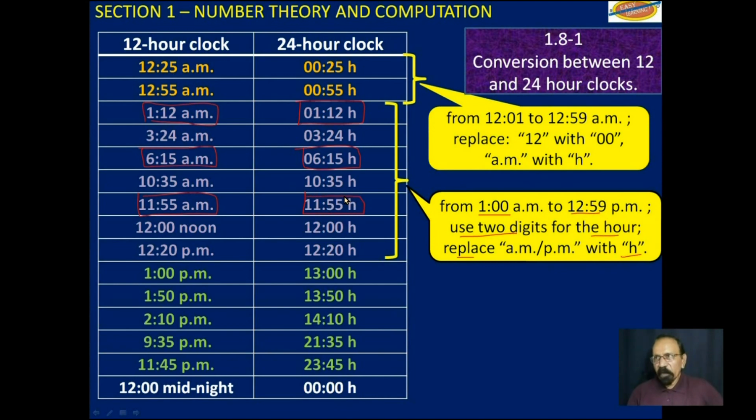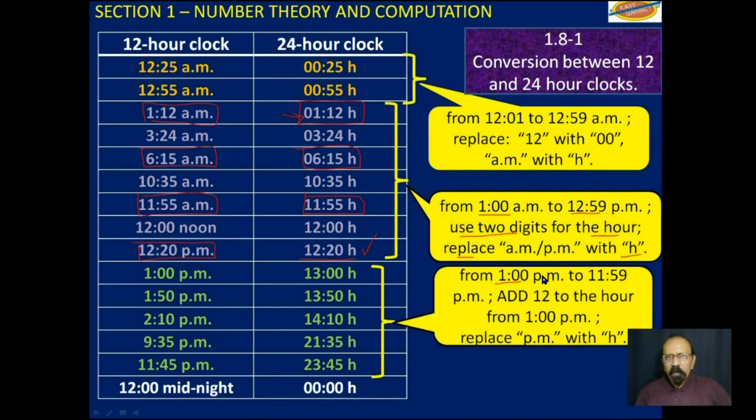So that is not too difficult. Make sure you have 2 digits for the hours and remove the AM or PM and replace it with hours. 12:20 p.m. becomes 12:20 hours.